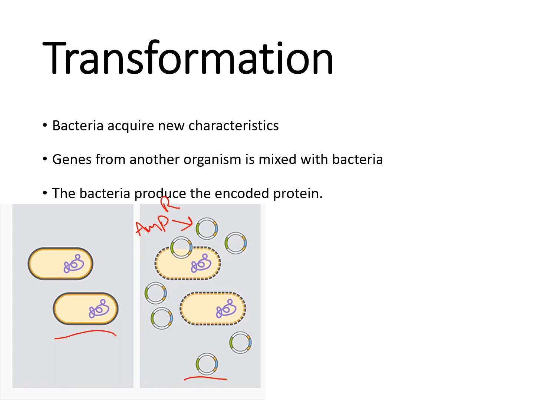The ampicillin will not kill them. The other gene is a gene that will convert galactose into a blue pigment. So if the bacteria are exposed to X-gal, then the bacteria will turn a blue color.